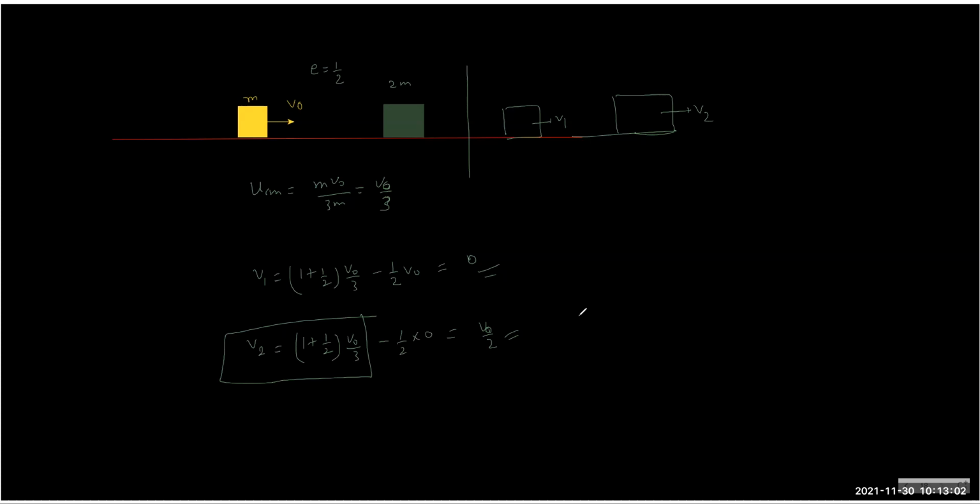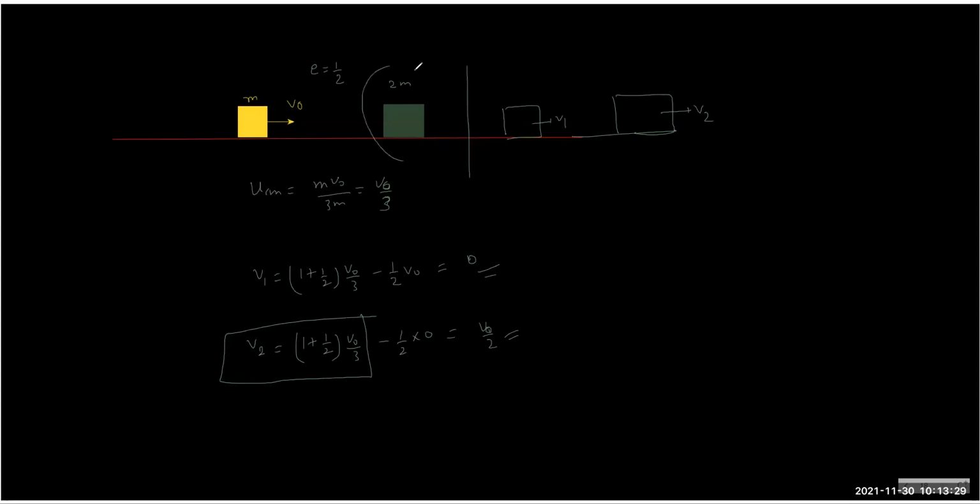So any problem you're solving in which we have to use the coefficient of restitution or the momentum conservation, we can at least simplify to this extent. This is particularly interesting if one of the particles is at rest. The one which is at rest, the first term itself is the answer.